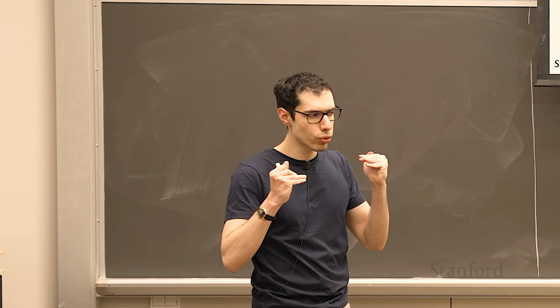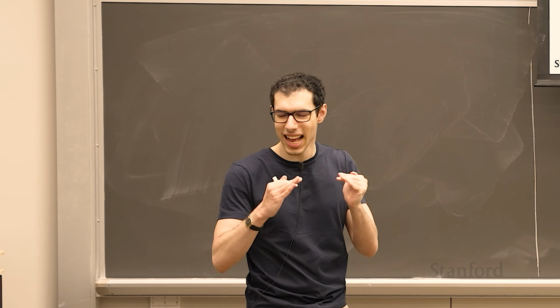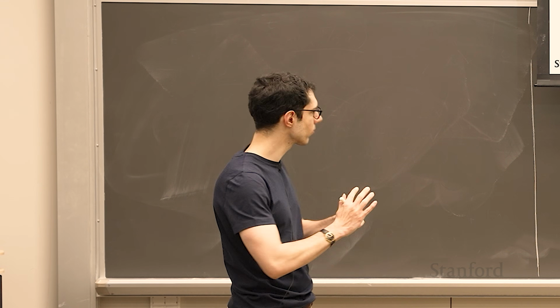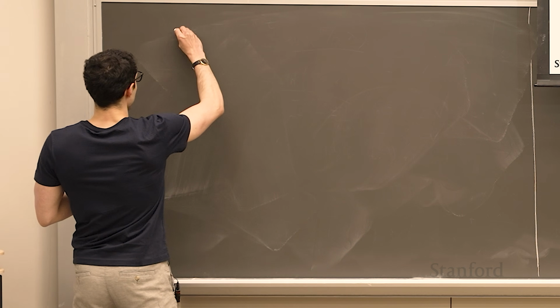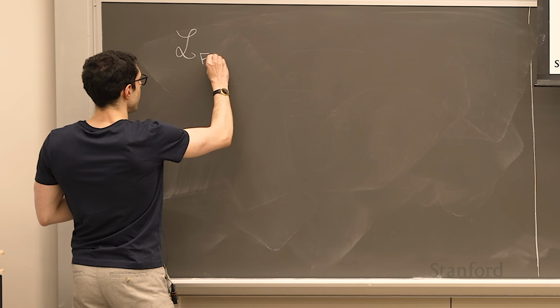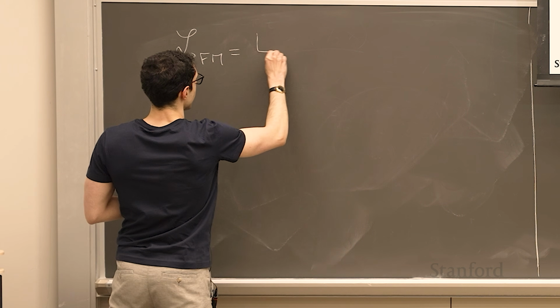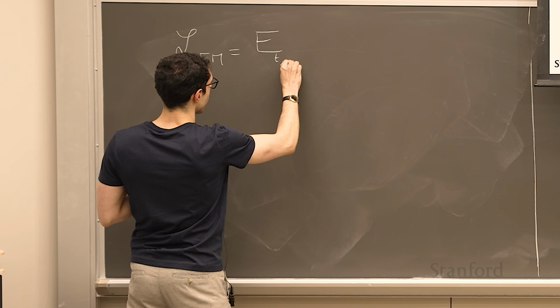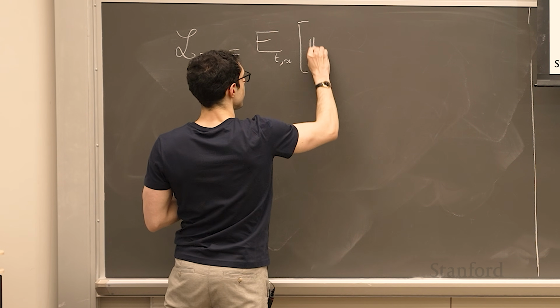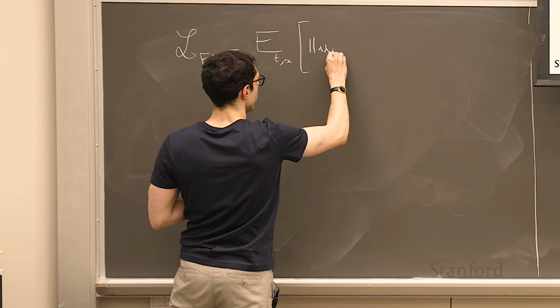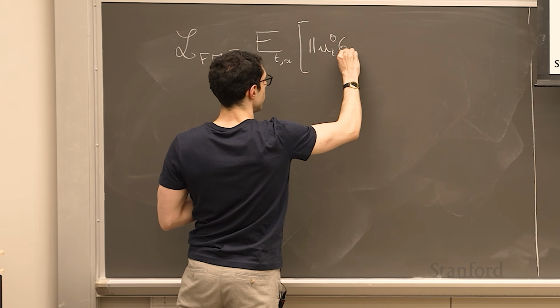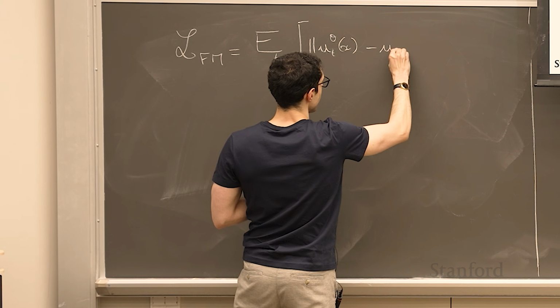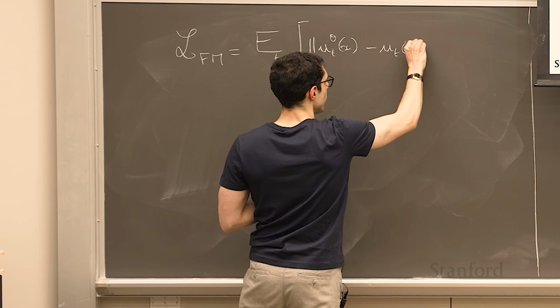So our goal is to make our loss as tractable as possible. The loss of flow matching, which is given by this, is the expectation of the squared distance between your learned vector field and the marginal vector field that you constructed.